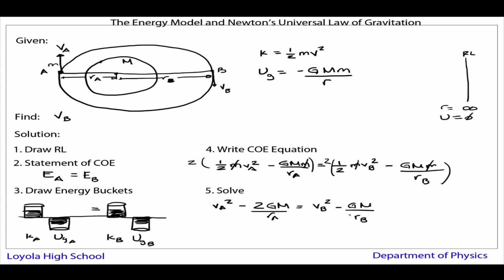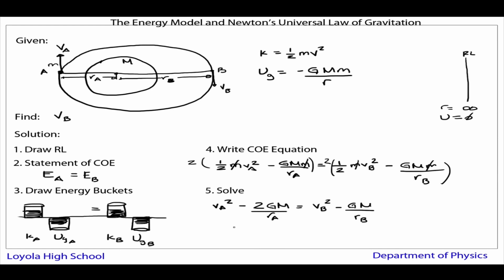Really, with this equation, given any information, we can solve for anything. I could give you velocities and radii, and you could solve for the mass of a planet. That's actually one way they do it, with astronomical observations, looking at velocities and radii of different things to solve for the mass of a planet.